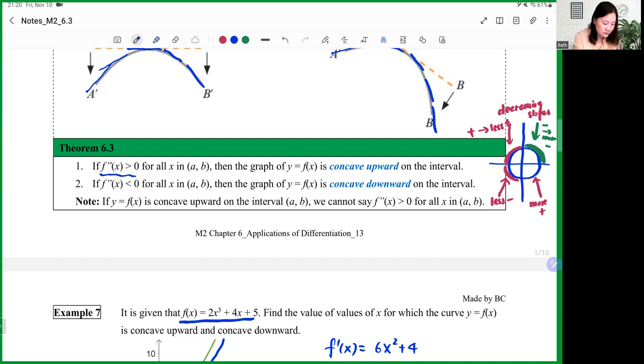If it's positive, then it's concave up, right? That means minimum. If it's negative, it's concave down. That means maximum.